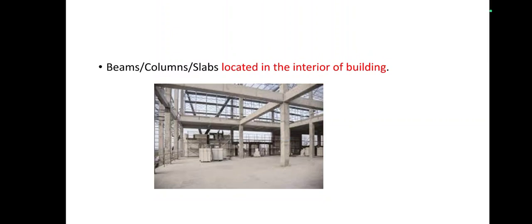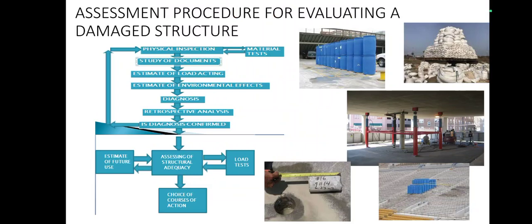The third one is the exposed terrace, and also the one-side-exposed column and beam, and also the unexposed wall inside a room. So they have given different conditions like that. We have to follow this order to do the visual inspection, and then we will come to an idea of what the root cause is for the damages or deterioration in the building.